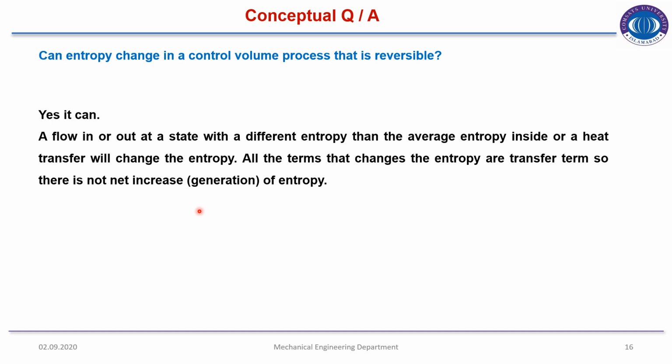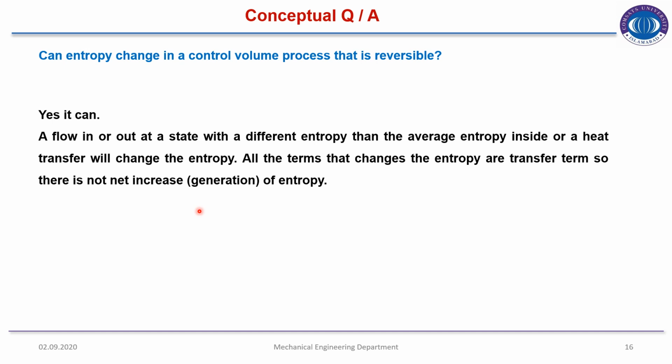A certain amount of heat added to or leaving the system will also change the entropy of the system. All the terms that change the entropy are transfer terms, so there is no net generation of entropy.